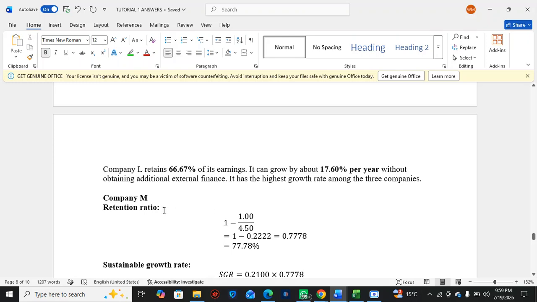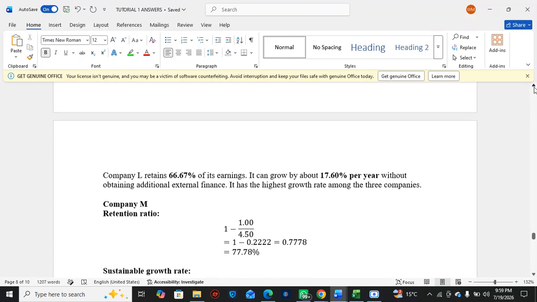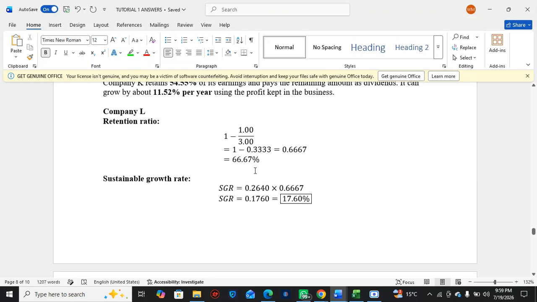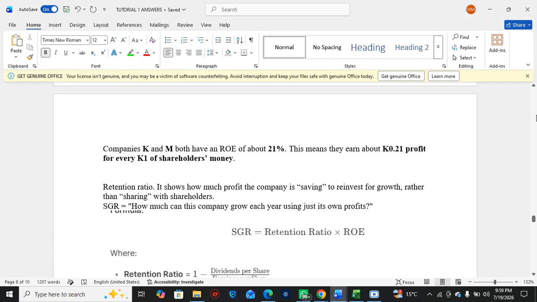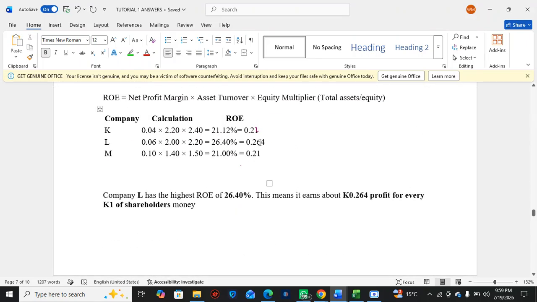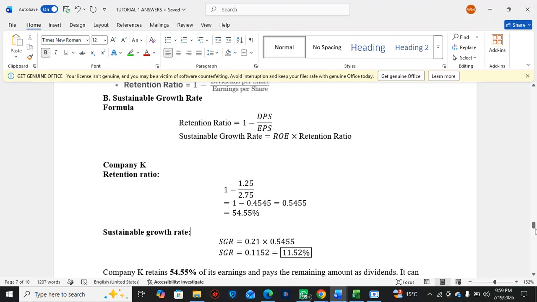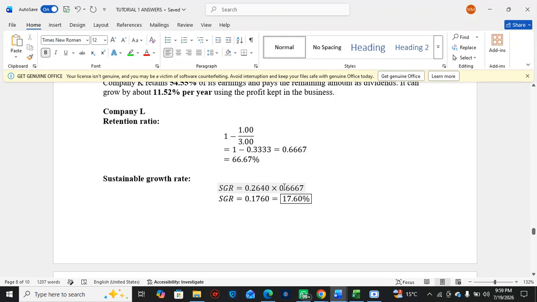Similarly with company L, have we tabulated the sustainable growth rate? It's our return on equity. Remember, return on equity for this company was 0.264, and the retention ratio is 0.667. So 0.264 multiplied by 0.667, you get 0.176, or 17.6%.